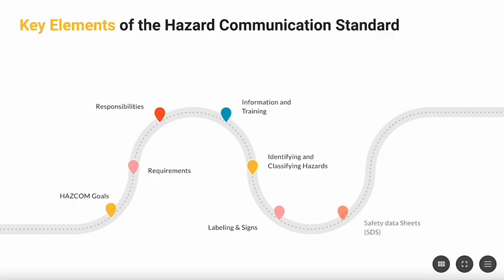Responsibilities: employers must implement and maintain the hazard communication program and provide information and training to workers on hazardous chemicals. Workers must use hazardous materials safely, follow proper handling and storage procedures, and wear appropriate personal protective equipment, PPE.